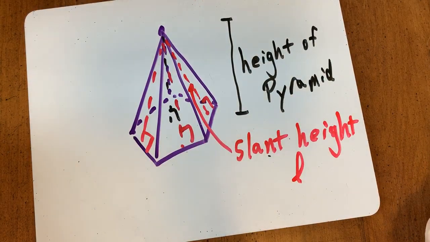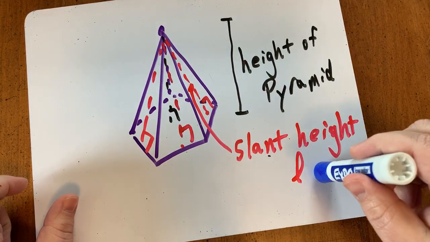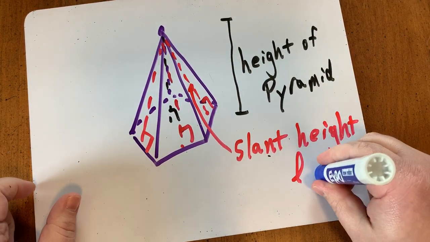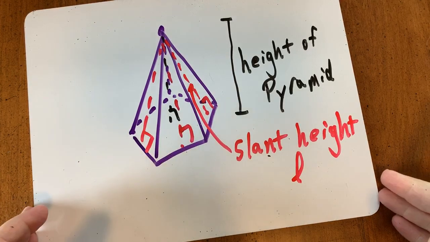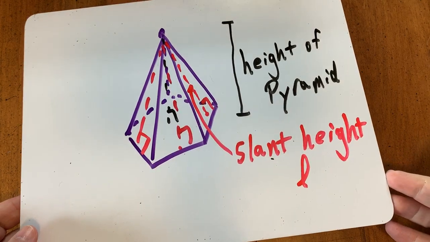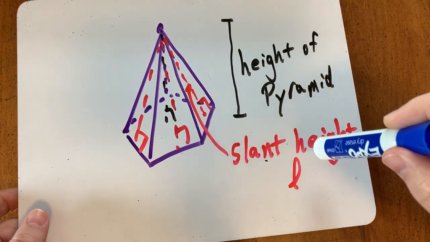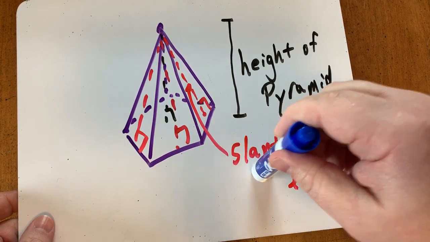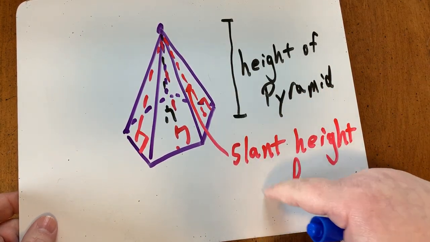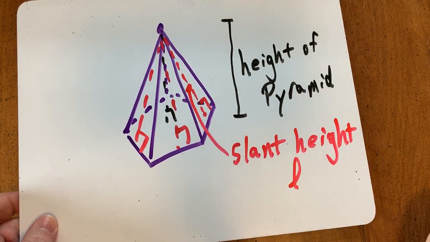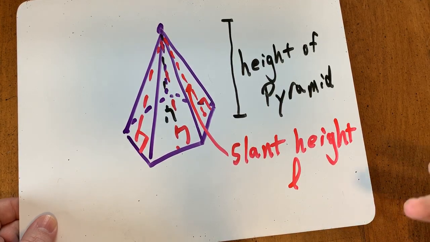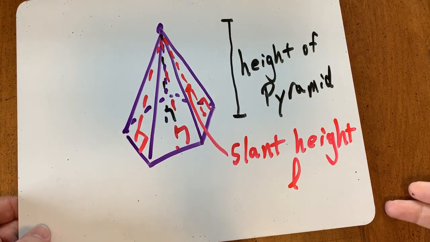We are only going to deal with pyramids where the slant height is all the same. Those are the only types of pyramids I'll ask you about the surface area, unless it's a really straightforward one, like a triangular pyramid. That's just finding the area of 4 triangles and adding them up.